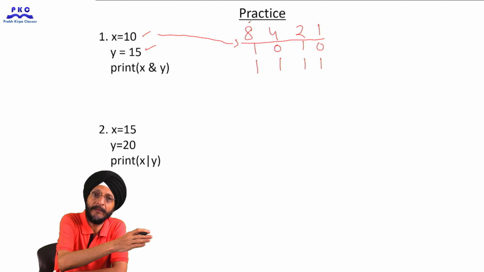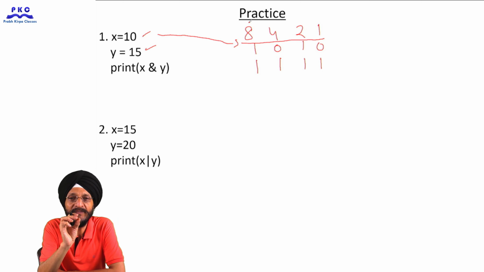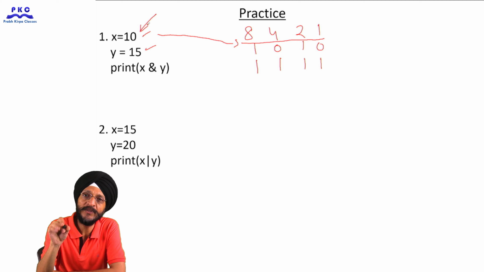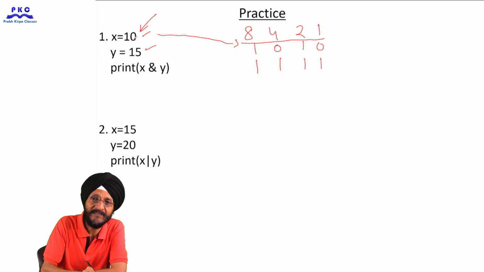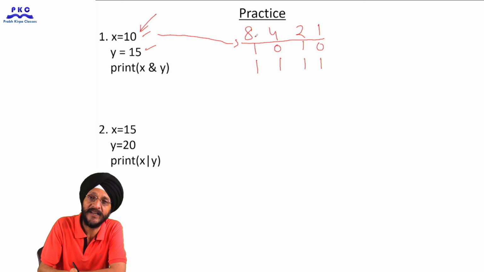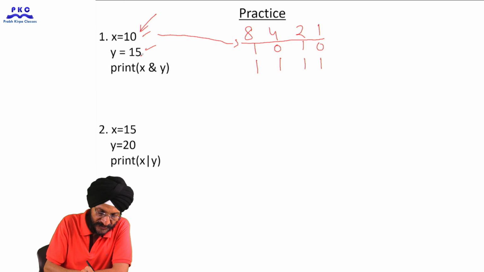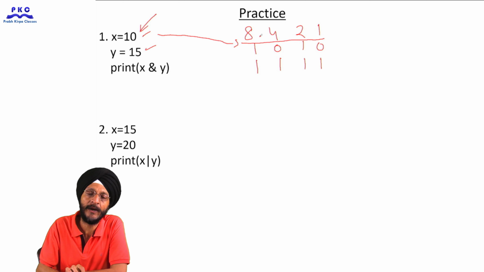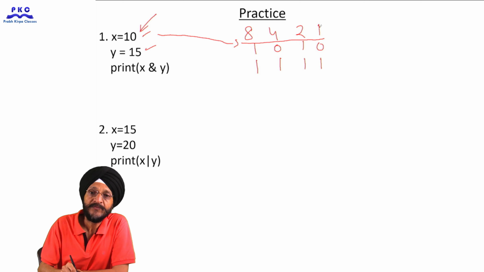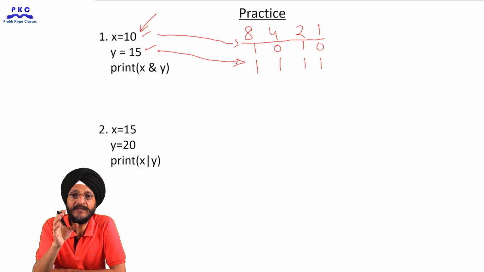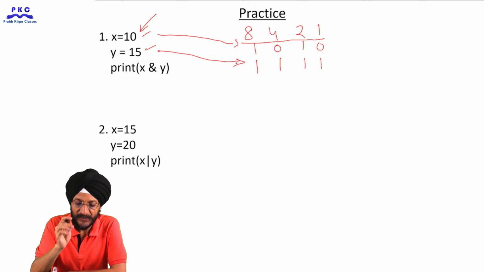We go on multiplying by 2 until we get a value which is equal to the number we have to convert, or less than that. So we have to arrive at the value equal to 10 or less than 10. Here we have arrived at 8, which is less than 10. If we multiply 8 by 2 again, it becomes 16, which is more than 15. So we restrict it up to 8. So these are the individual bits of decimal 15.